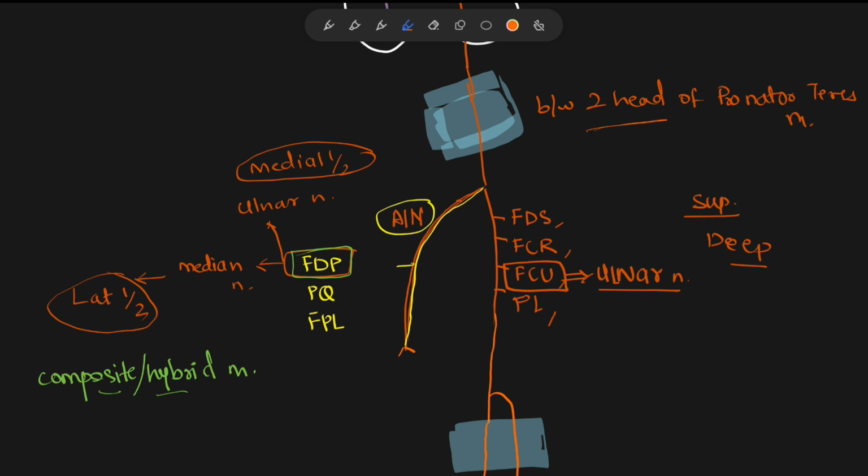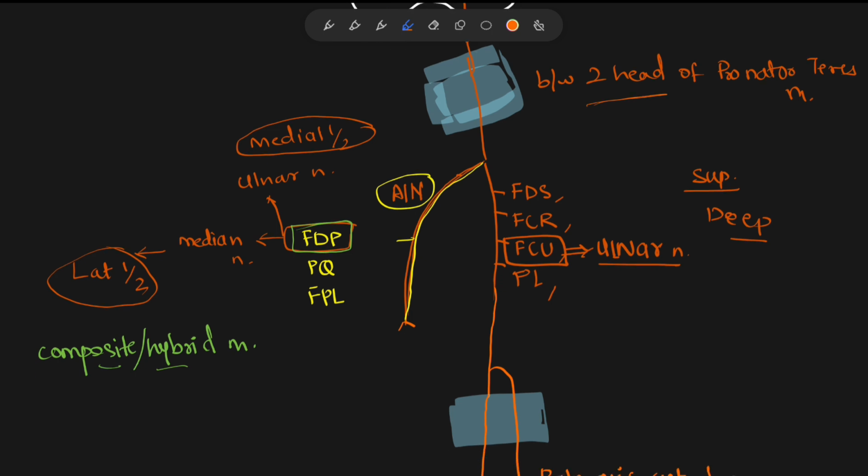But there is one exception, that flexor digitorum profundus is taken care of by two nerves. The one is the median nerve. The median nerve will supply only the lateral half of our flexor digitorum profundus, and the ulnar nerve will take care of the medial half of the flexor digitorum profundus, okay, that is the little finger side.